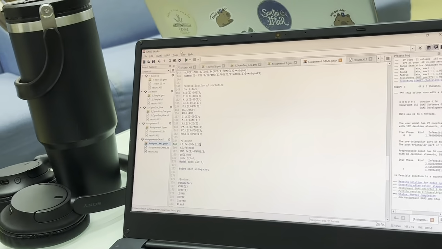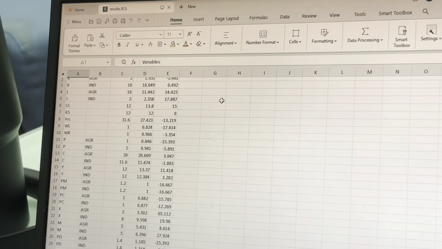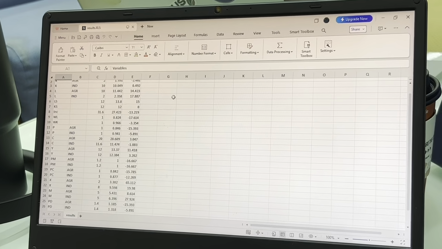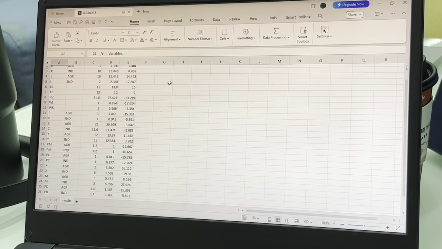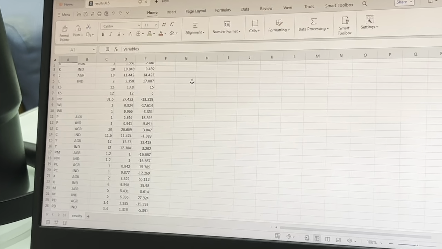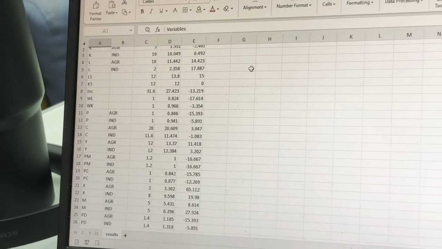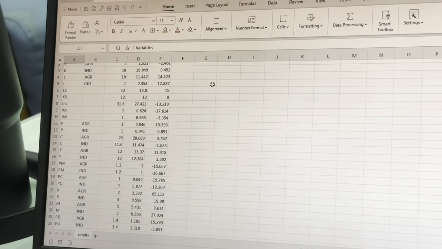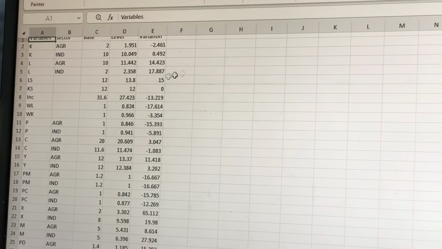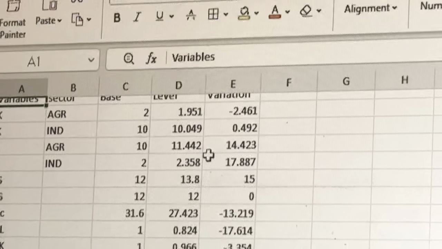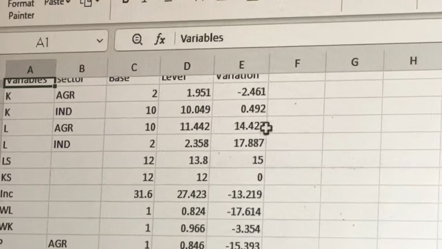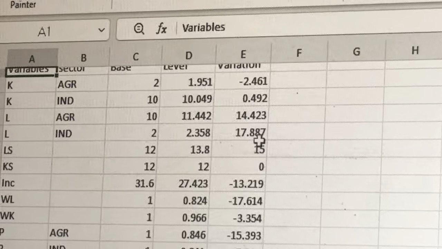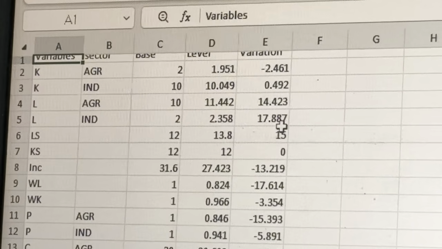So for the result, this is the result. Basically, we can see that the labor usage rises significantly in both sectors, agriculture and industry, by about 14.42% and 17.89%.